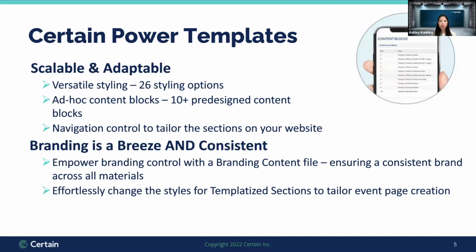And the navigation control option with the power template allows you to very easily turn those sections on and off for your website. Some events may not require specific sections, and so we've made sure that the ability to turn those on and off is available. And of course, we mentioned the branding content file, allowing you to easily ensure that you are adhering to your company's branding guidelines. Yep.